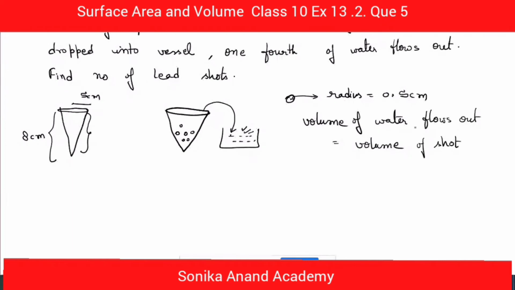So what is the volume of the water which flowed out? 1/4. So we find the volume of water in cone, and 1/4 of the volume of water in cone is equal to volume of water flows out.